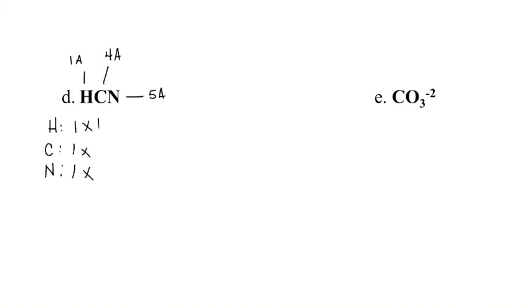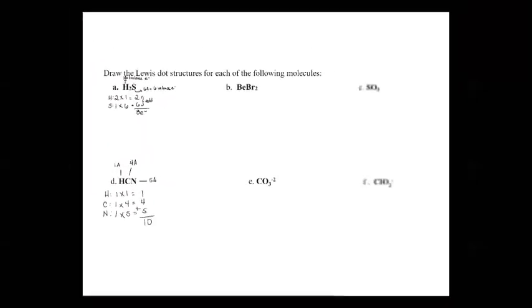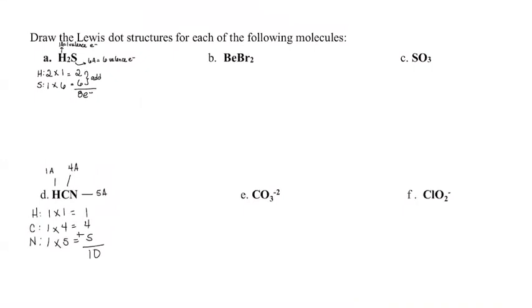So the hydrogen times 1, the carbon times 4, the nitrogen times 5. 1, 4, 5. When we add them, that's where we get the 10. Okay? Put a 1 in the chat if so far A and D make sense. Good.